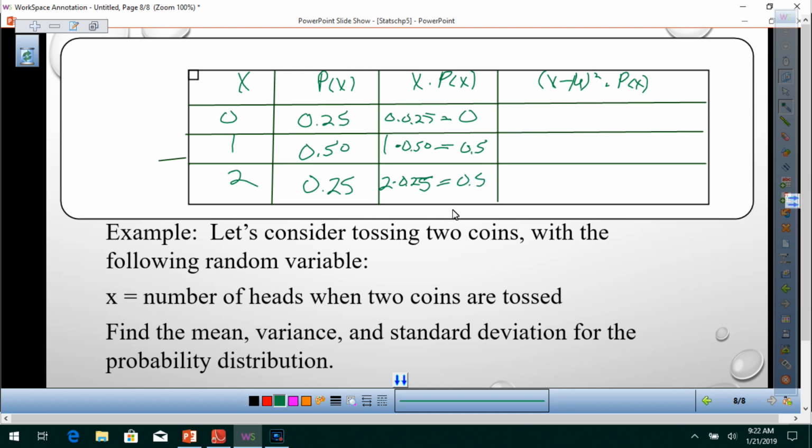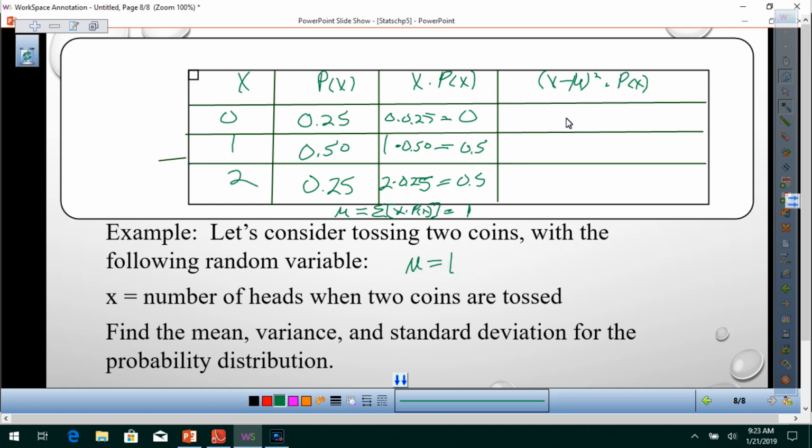So that equals 1. So we could say mu equals the sum of x times p of x equals 1. So this is our mean. Our mean is 1.